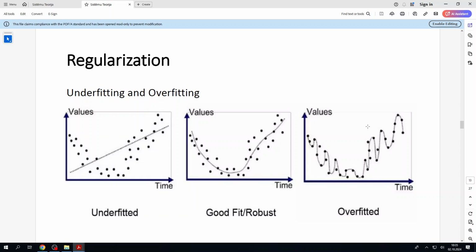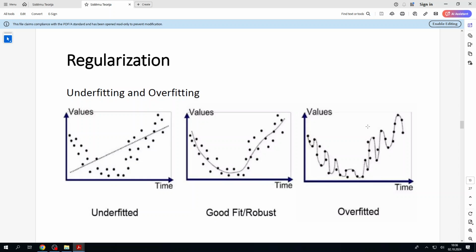Here we can see three different cases of how your model might describe data. Two of them are not really good, and only one of them is somewhat what we desire. Which one is in the middle? Yes, this is a robust solution which describes your data well in general.